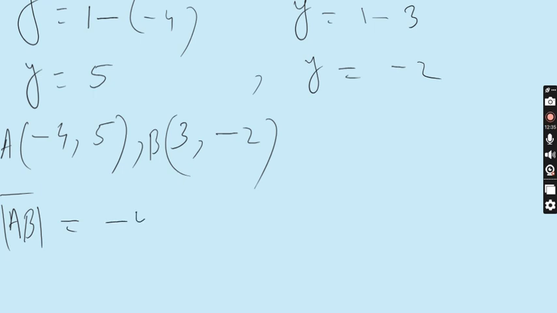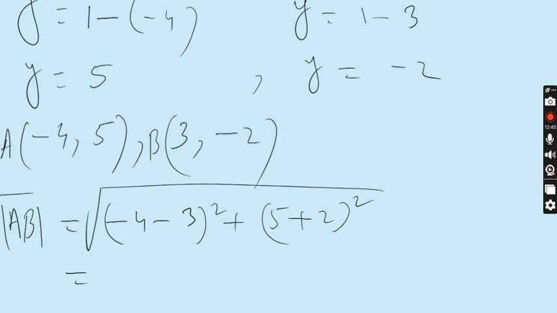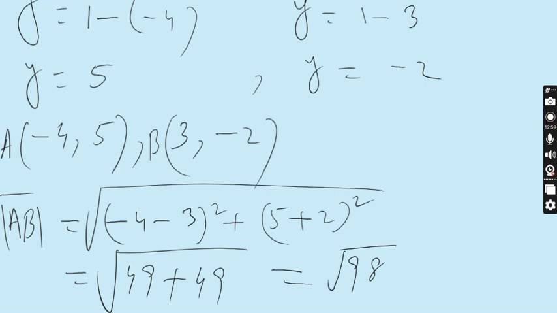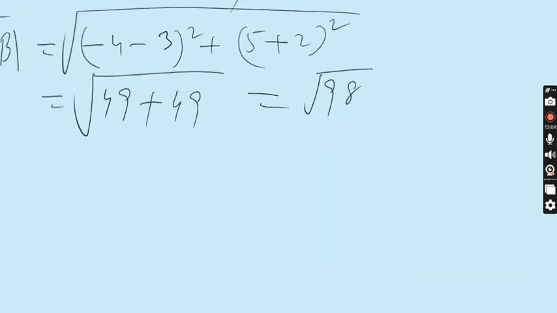So square root of (x2 minus x1) square plus (y2 minus y1) square: minus 4 minus 3 is minus 7, square is 49. 5 plus 2 is 7, square is 49. 49 plus 49 is 98, and 14 sevens are 98.